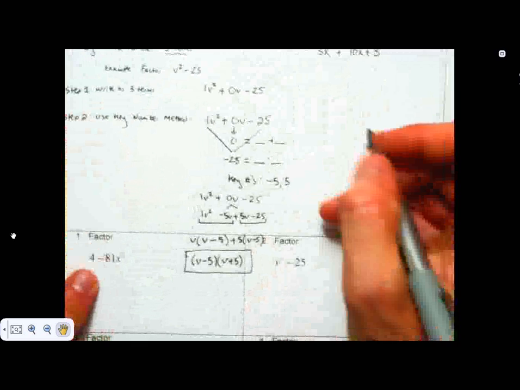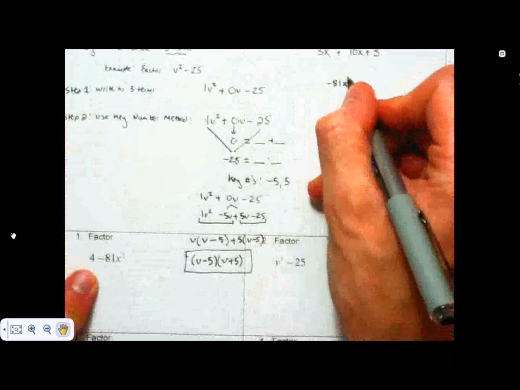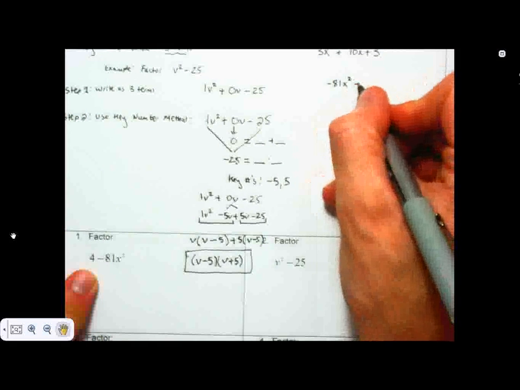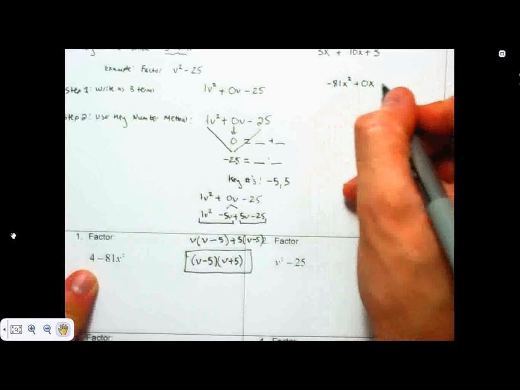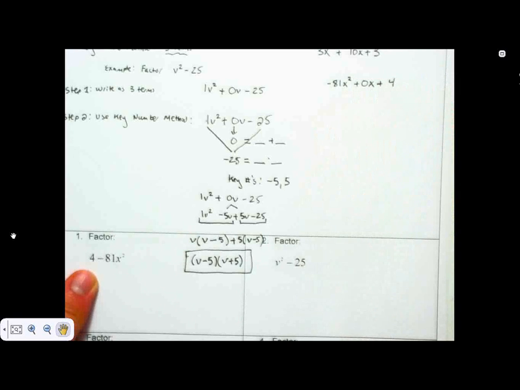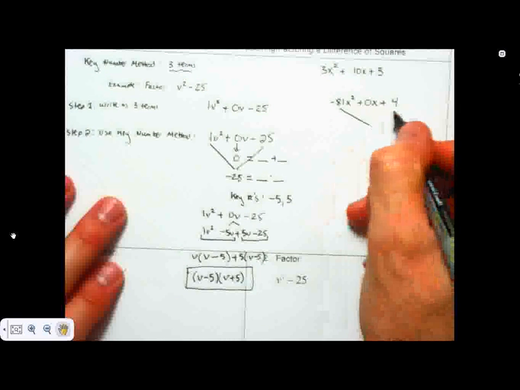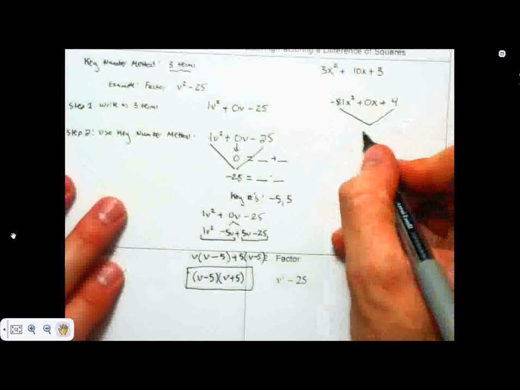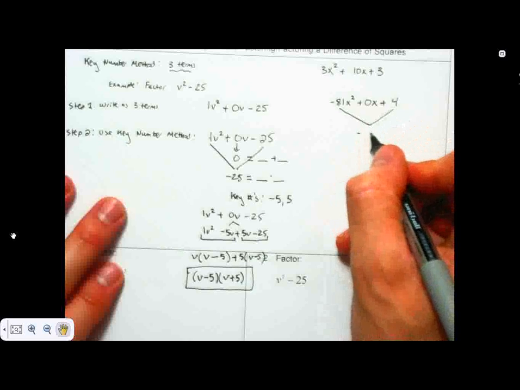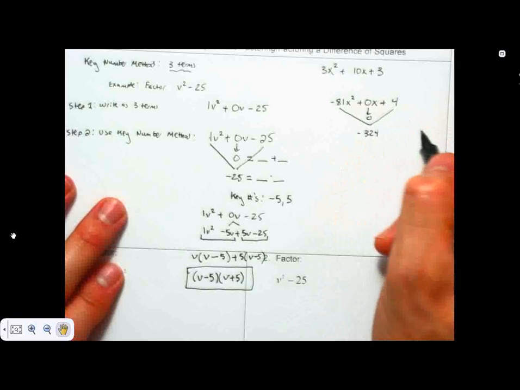My first move would actually be to write the x squared terms first, then the x's, which I don't have any, and then the 4. So now if I use my key number method, multiply these two outside guys together, I get negative 324. And then if I drag down this middle guy, I get 0.